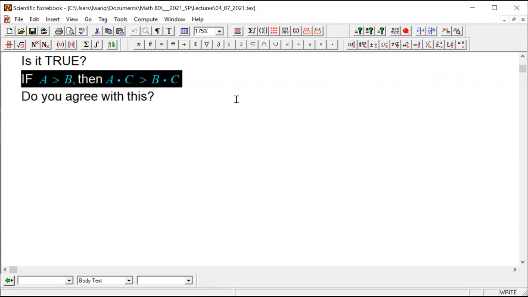Basic logic: if one number is larger than the other, and you multiply the same number on both sides, A times C is still larger than B times C. Is that true? No answer? The answer is no, that's not true. This is fundamental.